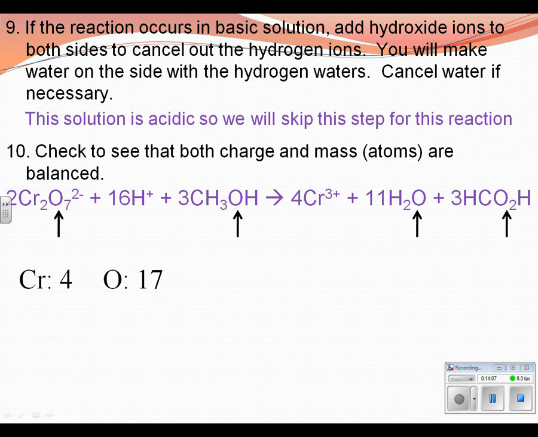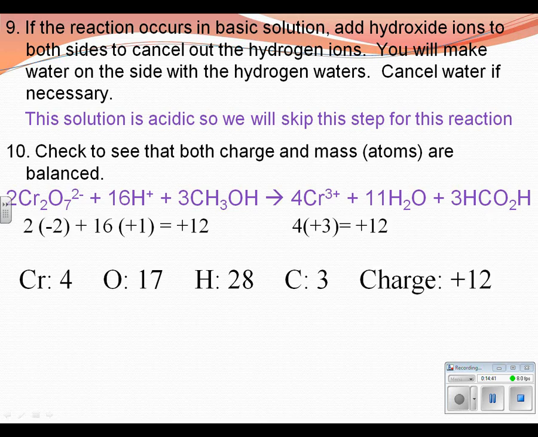We have 11 plus 6, which is another 17 on the other side, so we're good on our oxygens. Then we have 28 hydrogens because we have 16 plus 6 plus 6 on one side, and then 22 plus 6 on the other, which gives 28 on both sides. And then we have 3 carbons on both sides, so we're good there.